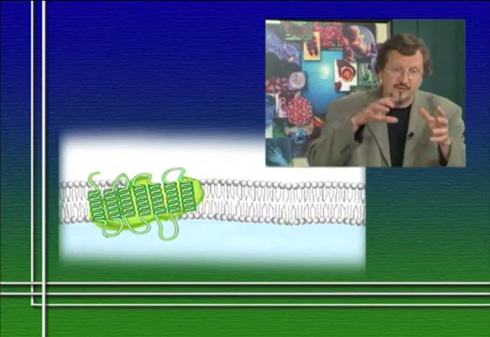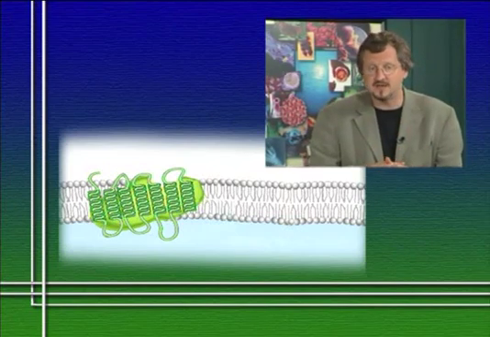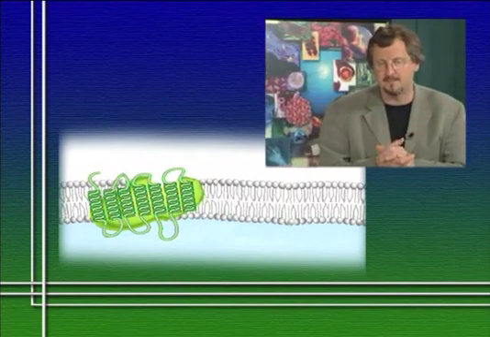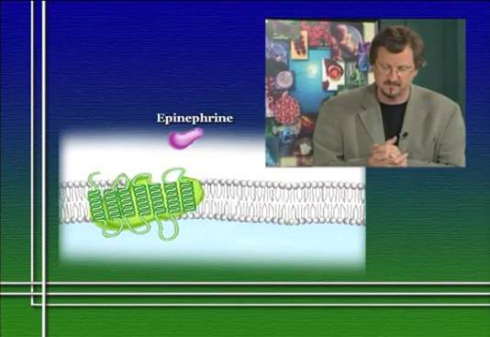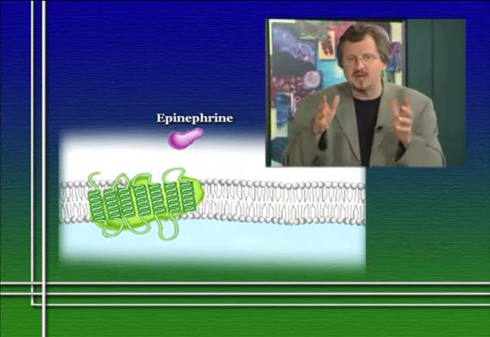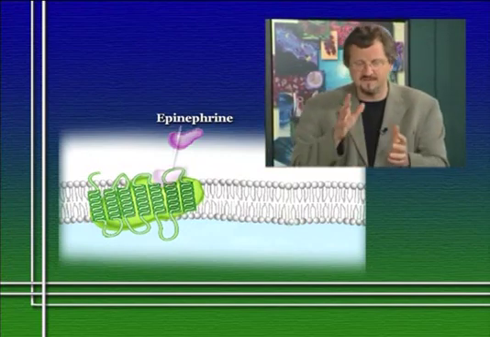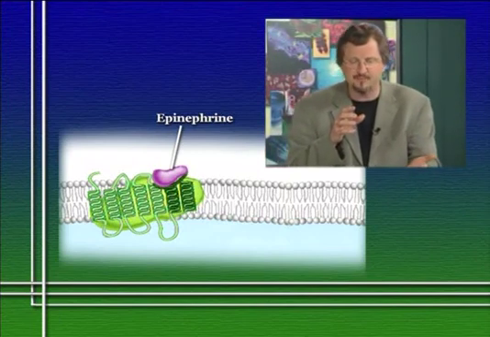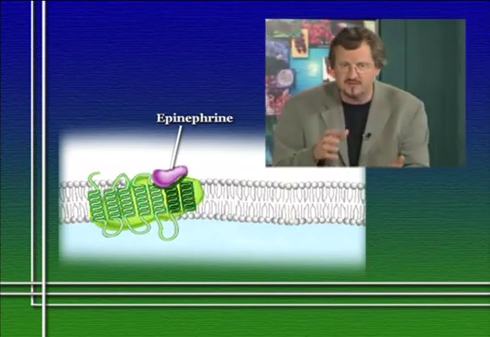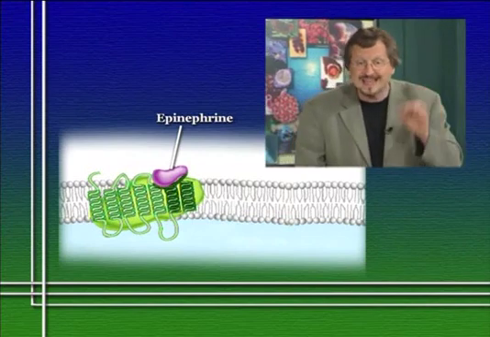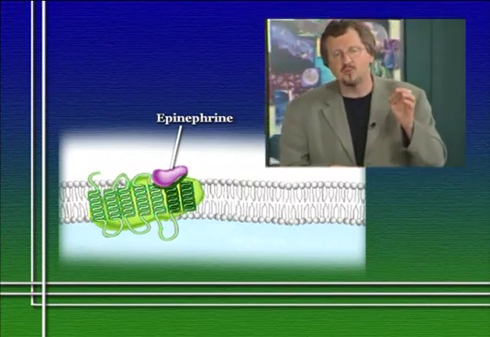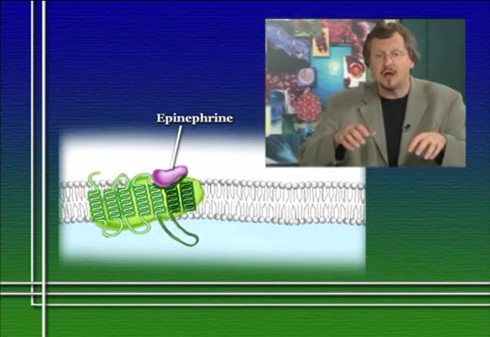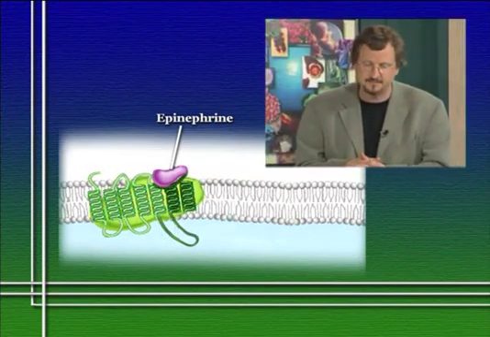One of the loops of amino acids on the outside of the cell is where the specific site that binds epinephrine occurs. When epinephrine interacts with this site, by fitting into it, the result is a change in the shape of the receptor protein overall, transmitted through these alpha helices to the inside of the cell, which results in some corresponding shape change in one of the amino acid loops on the inside.